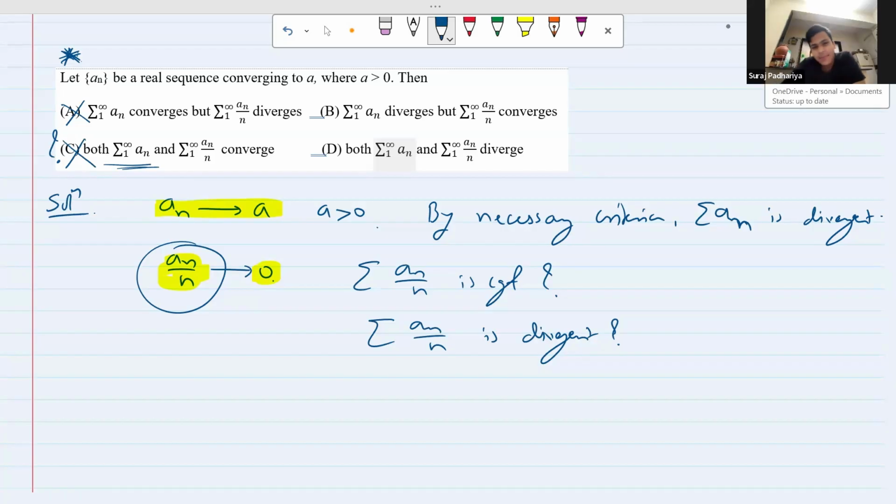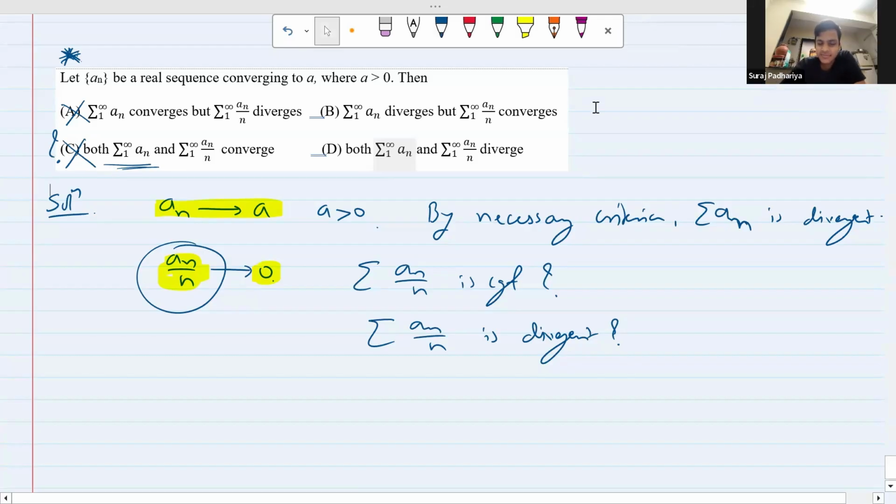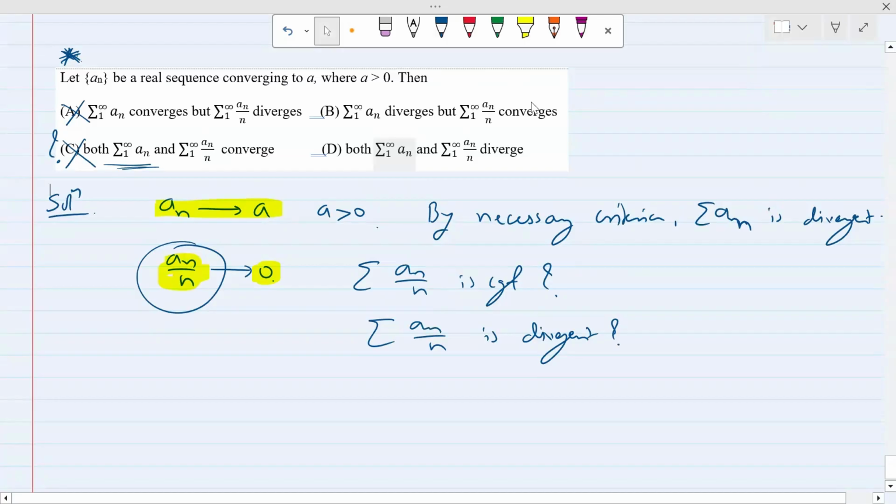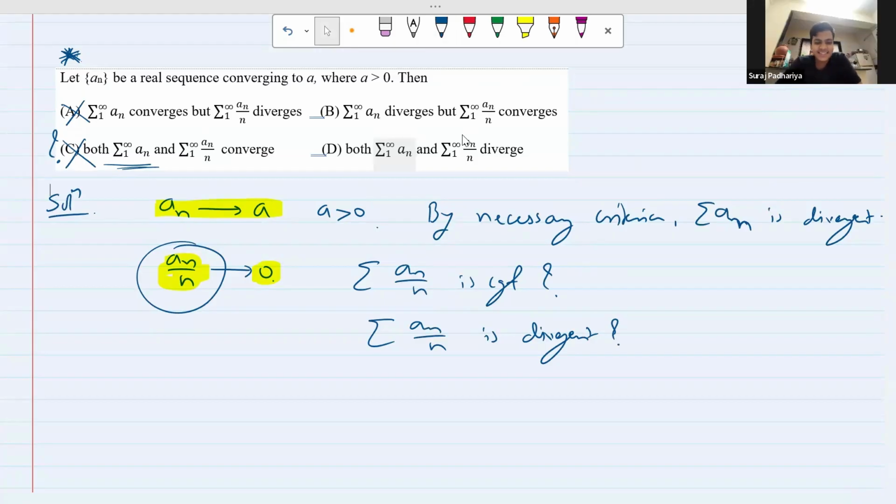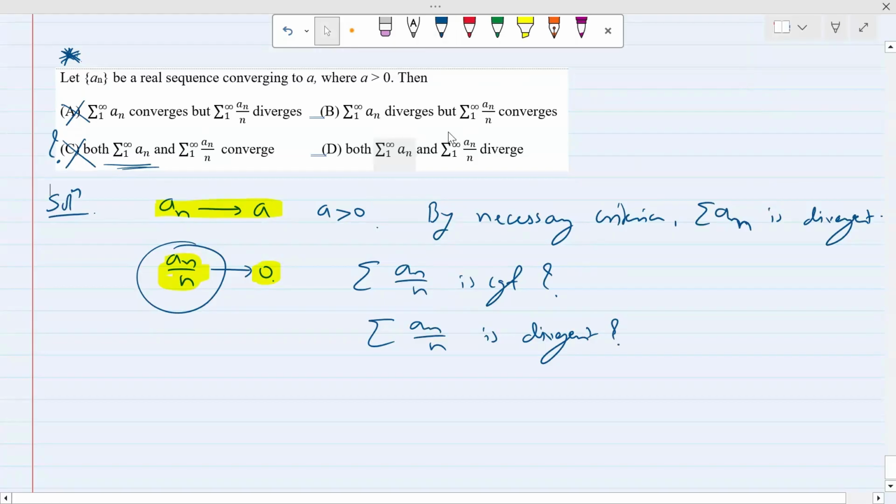Maybe an by n should converge. Okay, so do you believe it depends on an, that an by n may converge in some cases and in some cases it may diverge? Yes, approximately.